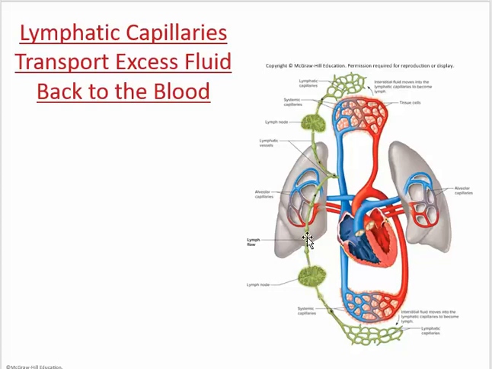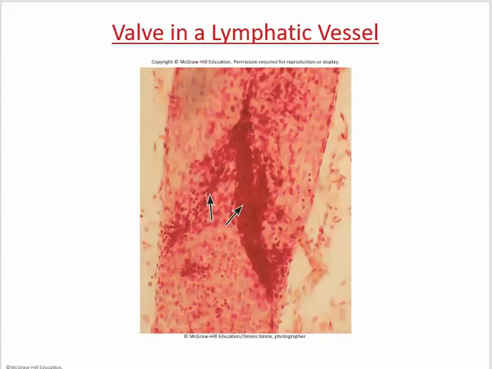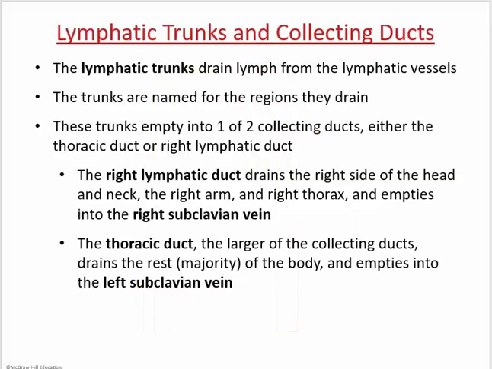The lymph keeps on flowing up through the various lymph nodes into the trunks and then the ducts, and that joins onto veins just before the superior vena cava, and the liquid is returned to the bloodstream there. This is just a picture of a valve within the wall of a lymphatic vessel, and you'll notice how thin the walls of that vessel in fact are.